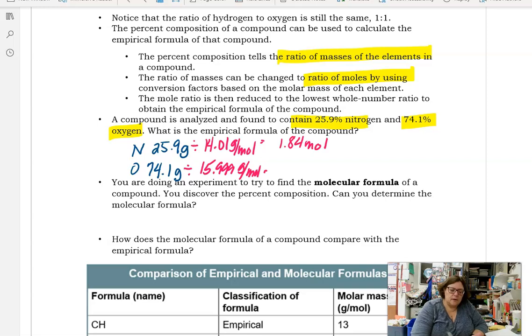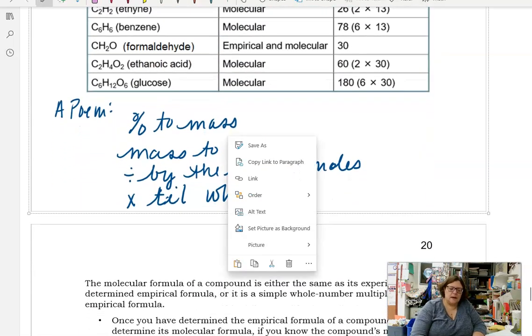Try and keep it to about 3 significant figures, just because the more you have, the closer it's going to be. 74.1 divided by 15.999 gives us 4.63. So, percent to mass.